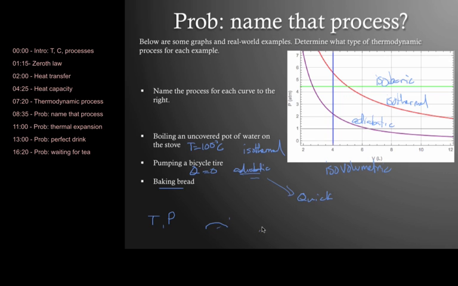Is the bread getting bigger as it's being baked? Then you would think that's probably an isobaric process. But after the bread is just sitting inside the oven like this, and maybe just the crust is forming, then that would be more like an isothermal process, when everything has reached the same temperature.